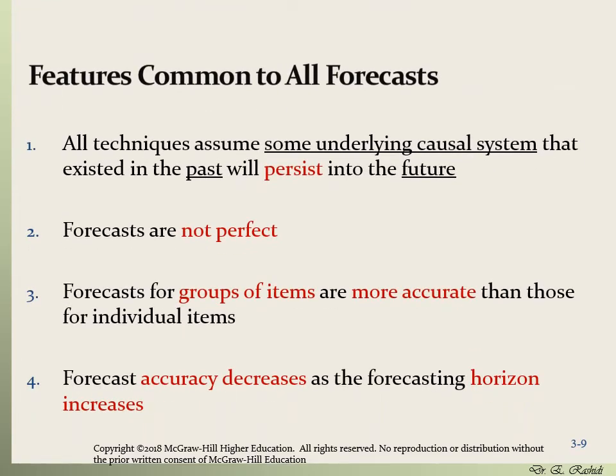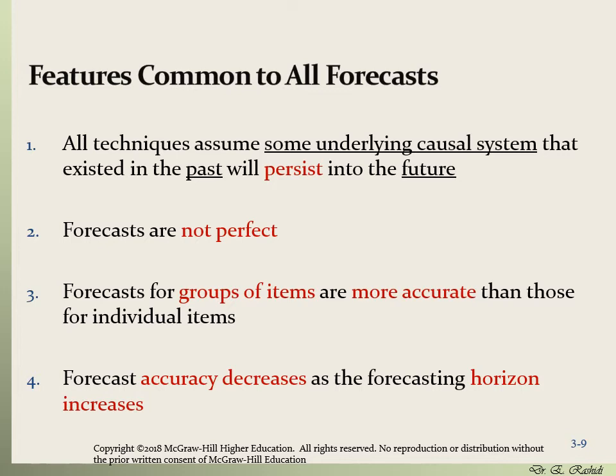Features common to all forecasting methods. Although forecasting methods can differ from each other, as we're going to learn, there are some features common to all forecasts. For example, all forecasting techniques assume that there is some underlying causal system, a pattern that existed in the past, and we assume that that pattern is going to persist and continue into the future.